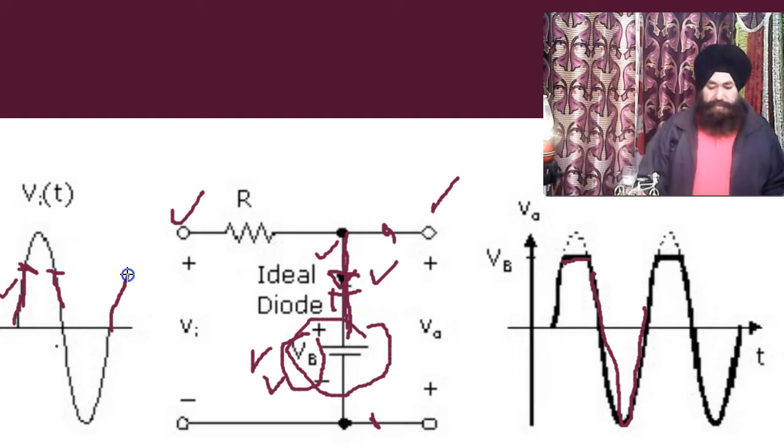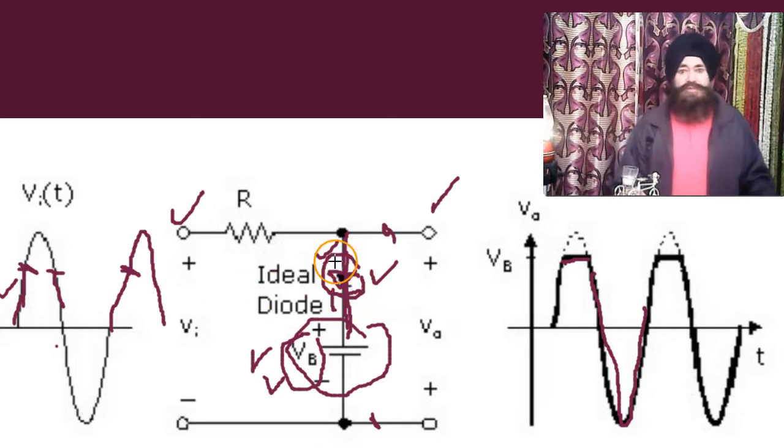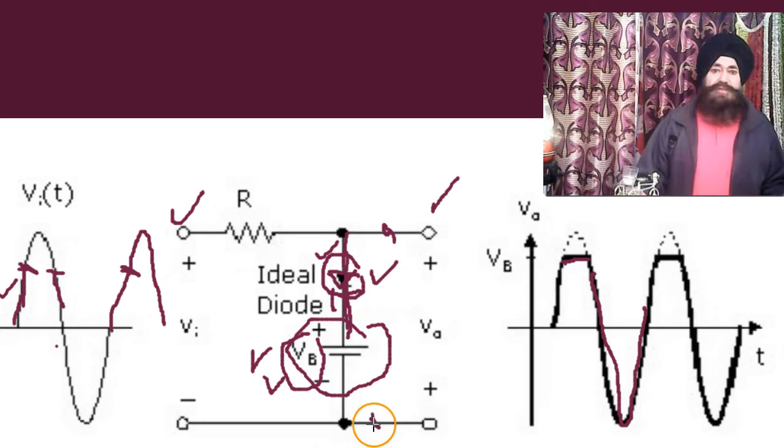Again, when the next cycle comes like this and goes high from this point, it makes the diode forward biased, and the ideal diode acts as a short circuit, and the voltage between the two ends becomes equal to Vp.